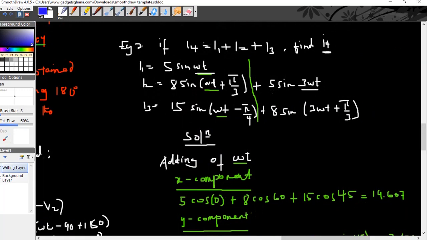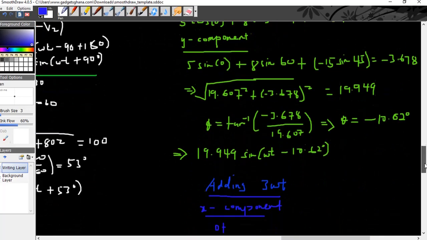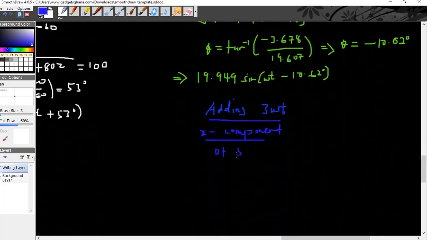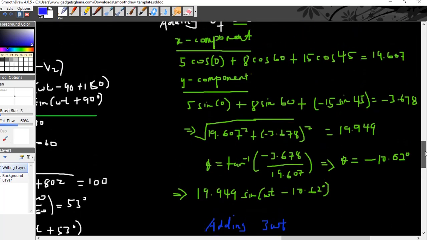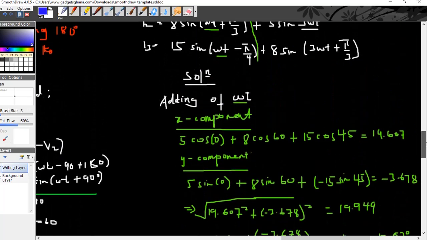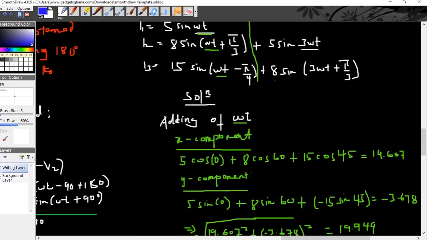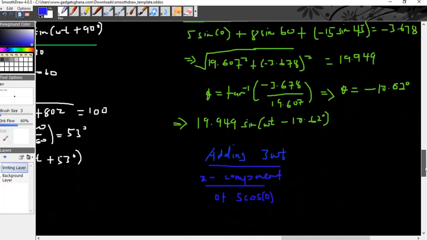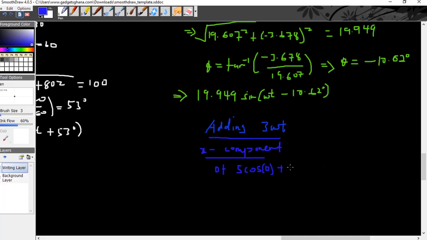We use cos, so we have 5 cos, there's no angle over here, so cos 0, so 5 cos 0 as an angle. And then we have 8 cos pi on 3. You know that pi on 3 is 60 degrees. Okay, so we have plus 8 cos 60 degrees.